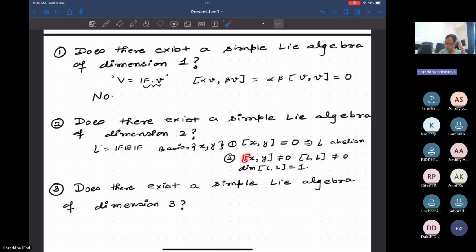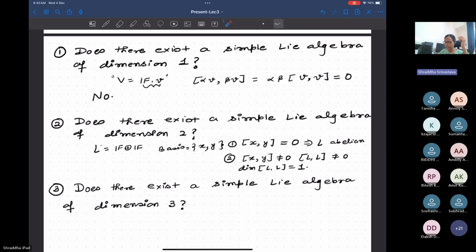And in the second case, it is non-zero, but the derived algebra of L becomes a non-zero proper ideal of L. So no matter what you do, you can never have a simple Lie algebra of dimension 2.